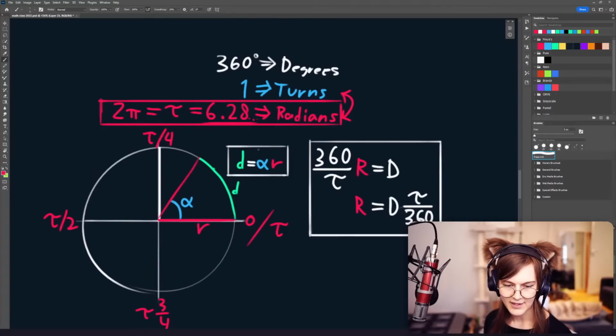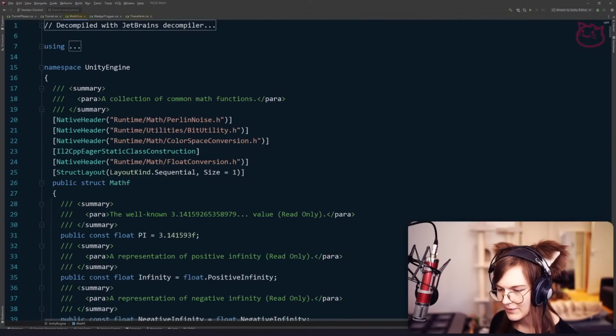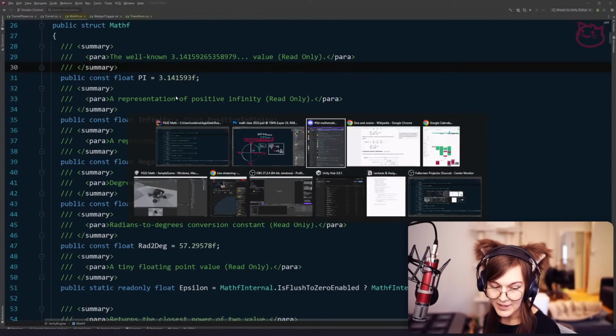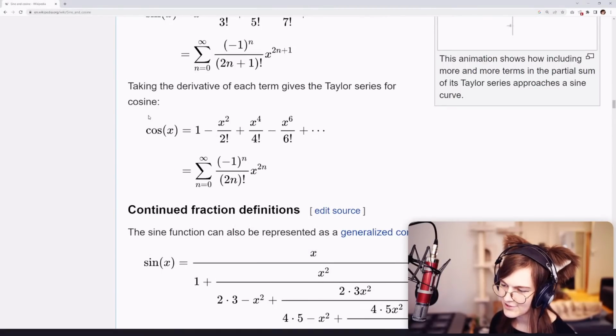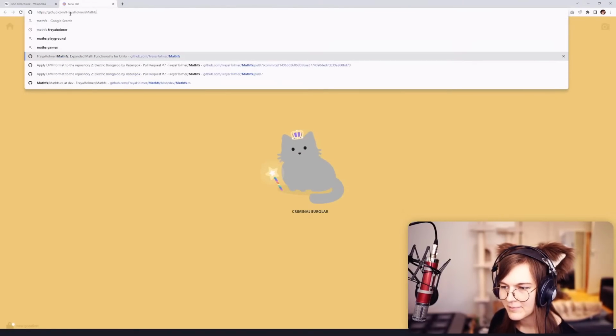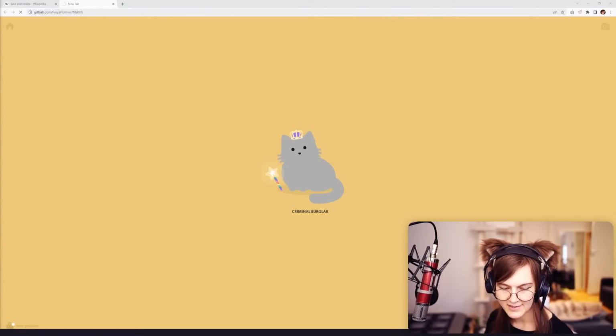Is there a way to write tau in C# similar to math.py? Unity doesn't have it in their math library, which is really annoying. If you use my math library, then you do have it, but it's just 2 times pi. If you want my math library, you can get that here. It's very similar to Unity's library.